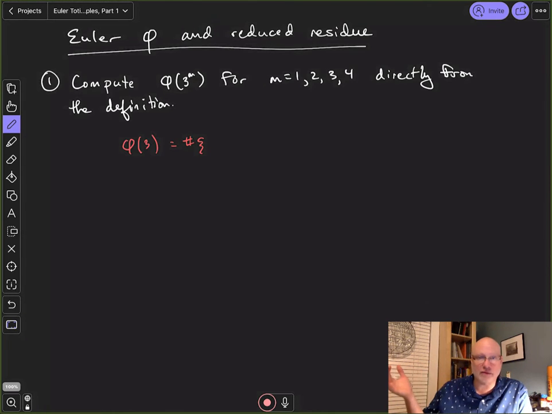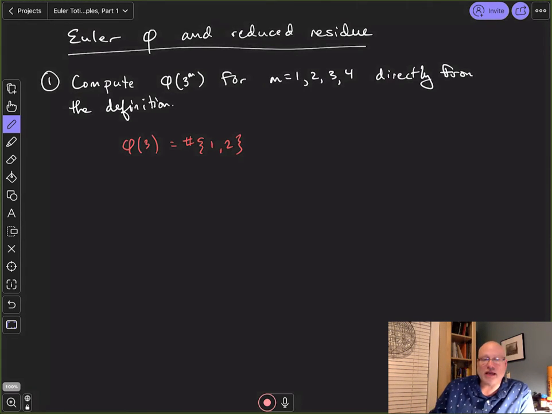So 0 is out of the picture already. What's the first number that's relatively prime to 3 in mod 3? Well, 1 is. And the next number is 2. And then we get to 3. Well, 3 is just 0 in mod 3, so we're done. There's only 3 elements in mod 3, and we've already thrown one of them out.